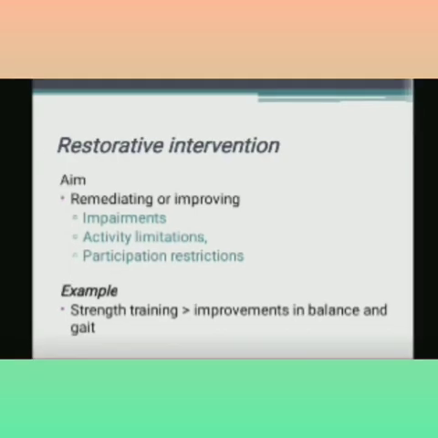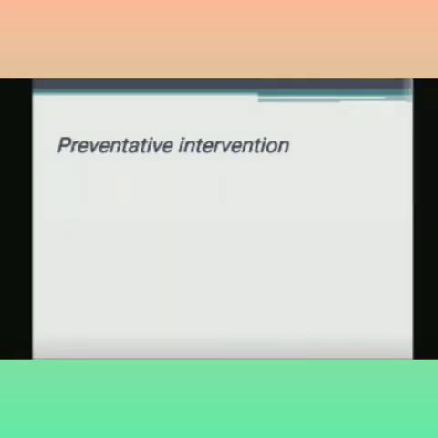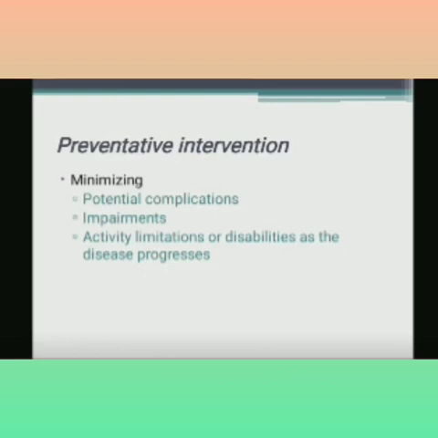Next is preventive intervention. The process of the disease cannot be controlled, so there is a chance of impairment being generated. That's why our second aim will be to prevent the potential complications which can occur secondarily due to multiple sclerosis.